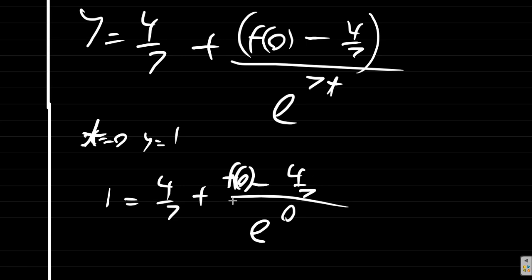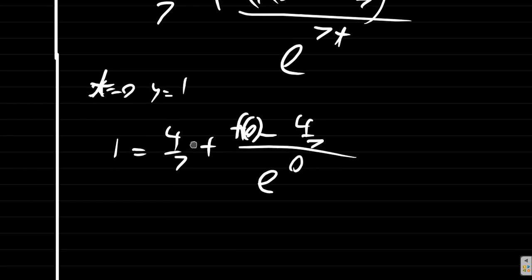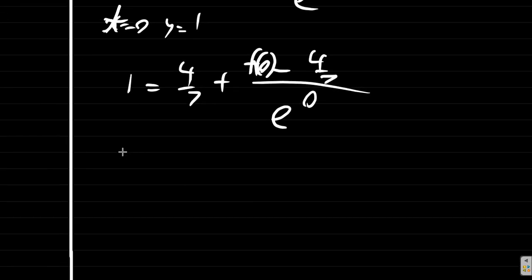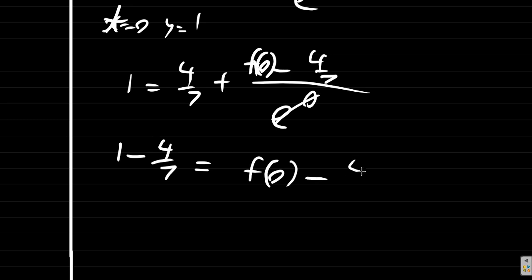Now, here, we can subtract the 4 over 7 from both sides. 1 minus 4 over 7 equals f(0) minus 4 over 7, right? So notice if we add 4 over 7 to both sides, we have f(0) equal to 1.